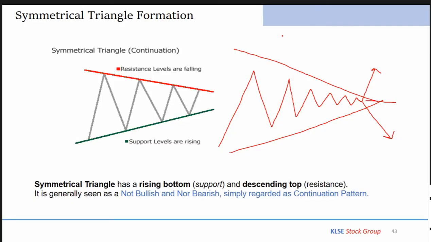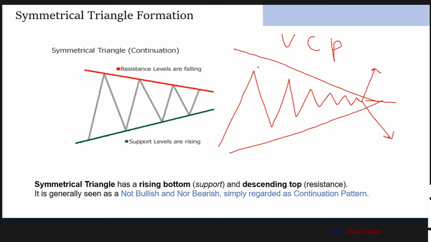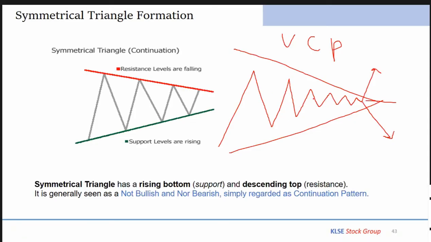Sometimes we call this VCP, volatility contraction pattern. The volatility of the pattern is contracting, going into a tighter and tighter small triangle area. If it's able to break out, then it's a symmetrical triangle breakout, a strong move on the uptrend side. So three triangles: ascending, descending, and symmetrical triangle.